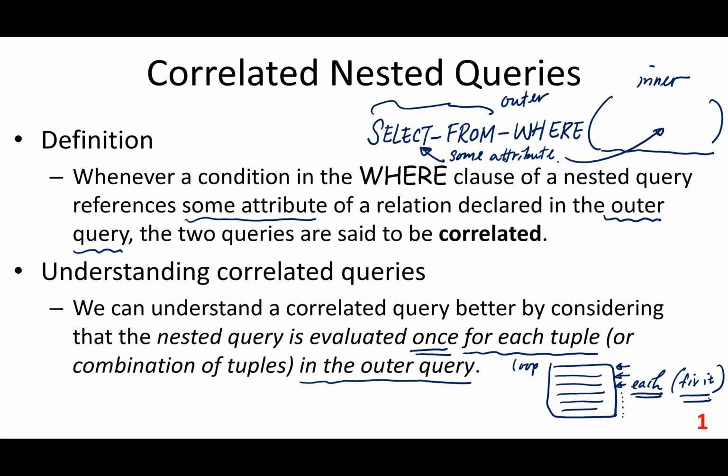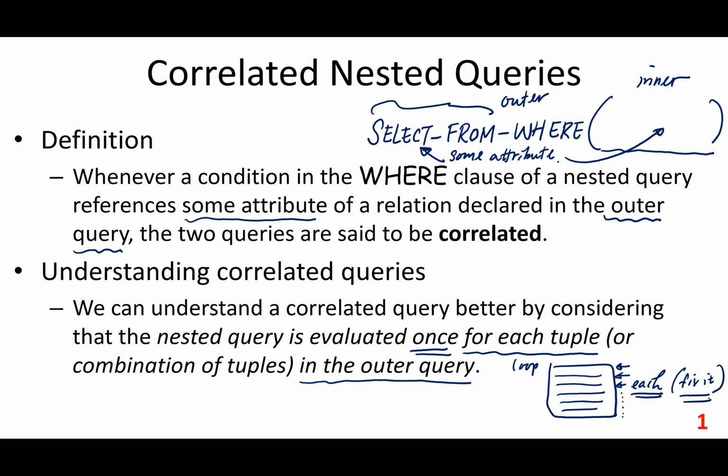Right now, let us just consider that current tuple. We fix that current tuple, then we get into the inner query, and when we work on the inner query, we assume that the tuple of the outer query is fixed.